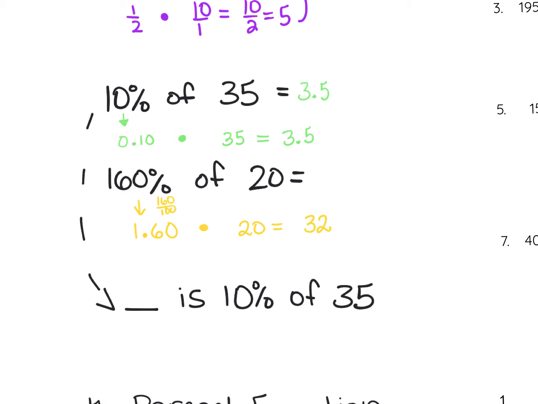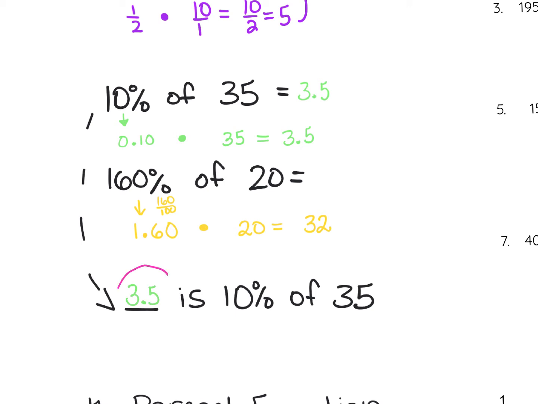So let's go back to this first one right here. 10% of 35 is 3.5. I'm going to turn this into a sentence. I can turn it around and say 3.5 is 10% of 35.